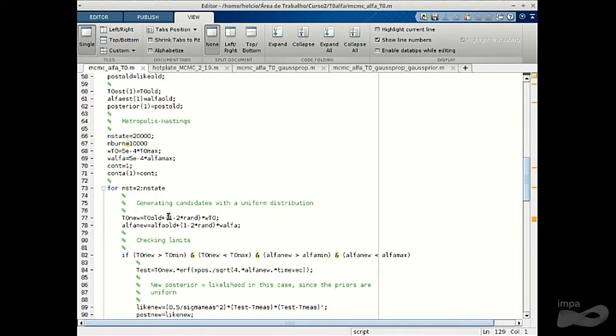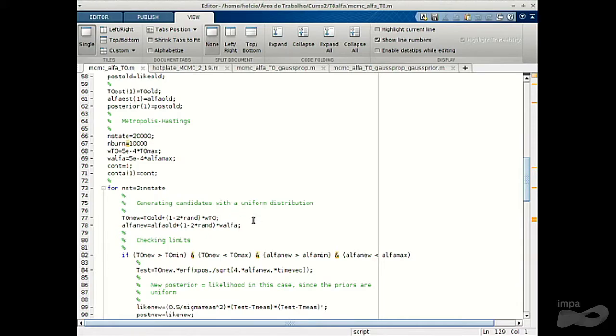Since we have here 1 minus 2 multiplied by this random number, this can vary from -1 to +1, okay? And any number in this interval is going to be multiplied by this step size of the proposal, okay? Which is WT0 and W alpha. Okay? And I generate the same way for them.